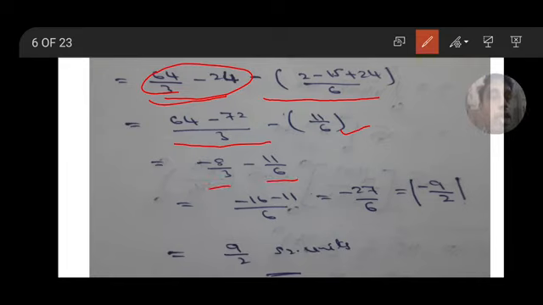With 6 as the LCM, minus 16 minus 11 by 6 is minus 27 by 6, that is minus 9 by 2. I didn't put the modulus at every step, I am putting it last. The modulus of minus 9 by 2 is 9 by 2 square units.